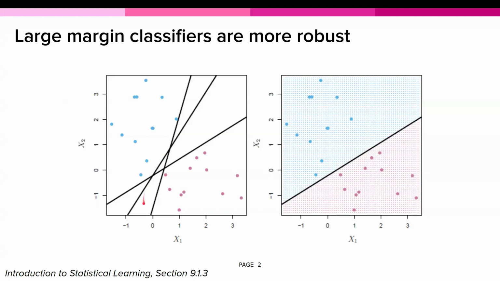On the right, we've got a specific separating hyperplane showing the classifier's decision regions. A large margin classifier ideally would ensure that new observations falling within the blue region will reliably be classified as blue, and similarly for the purple region.